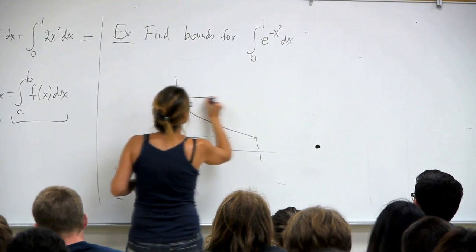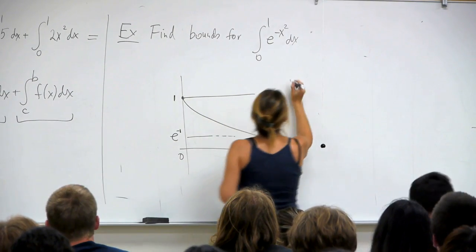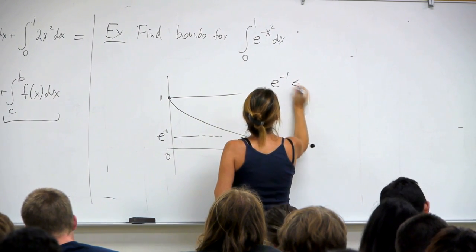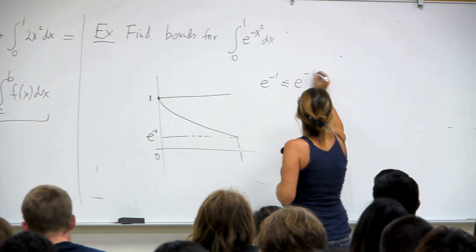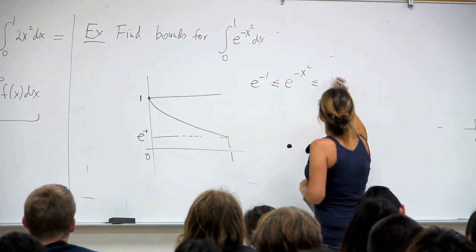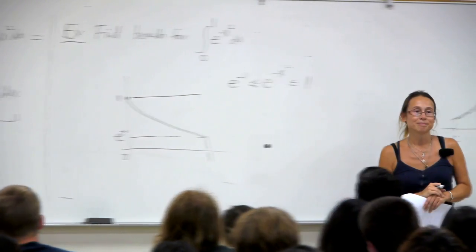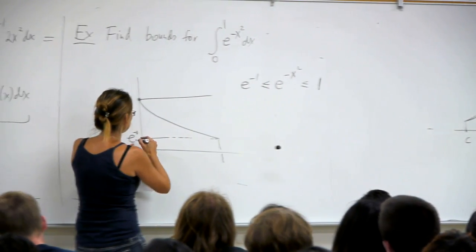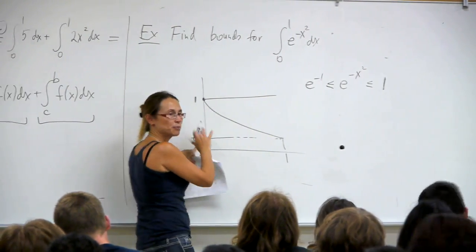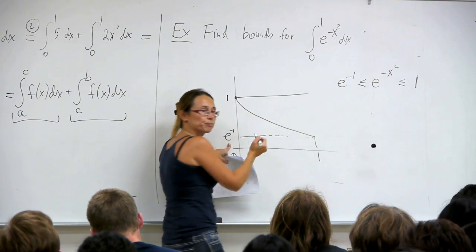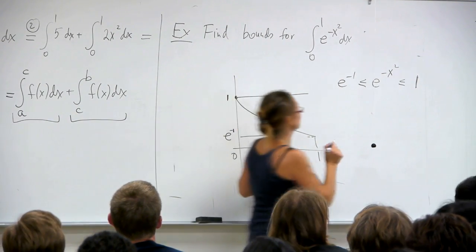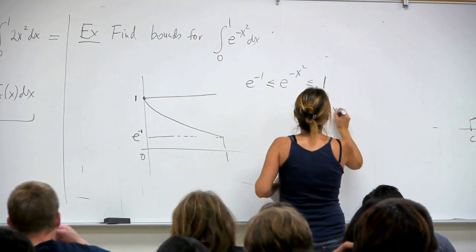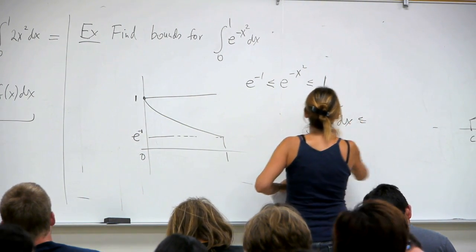Right? So for sure, I can write down the following double inequality. E to the minus 1 is always less than or equal to e to the minus x squared, and it's always less than or equal to 1. Right? So this function that I plotted is bounded between e to the minus 1, which is something like 1/4, and 1. So I'm going to use property 8 to evaluate the bounds for this integral.